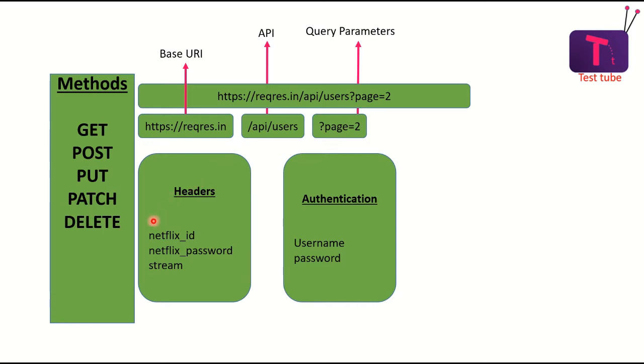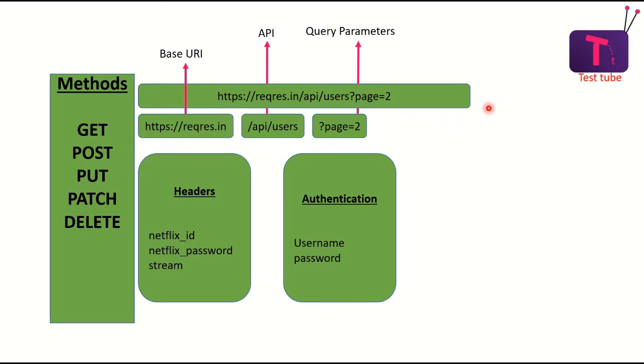We have to pass header parameters for that API, and we may also have authentication. Authentication is basically a sort of permission for the client to talk to the server for some information, and these are the different methods which a REST API will use to fetch or create information on this server.